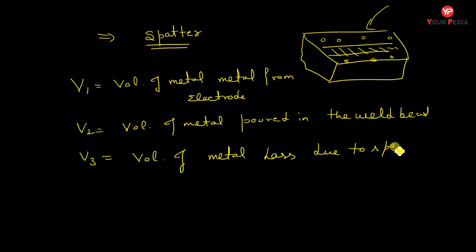That metal has to go inside the weld bead, but it goes outside the weld bead onto the plate, which we later remove with the help of a chipping hammer. So how can we apply conservation of volume? V1 equal to V2 plus V3.